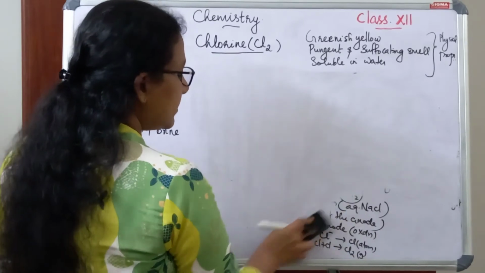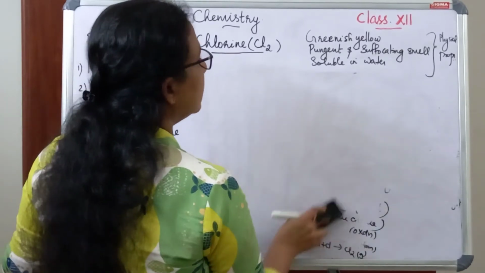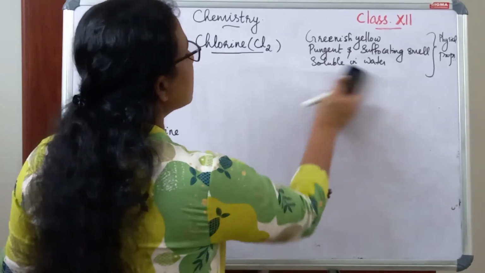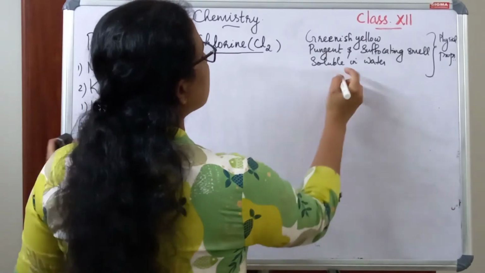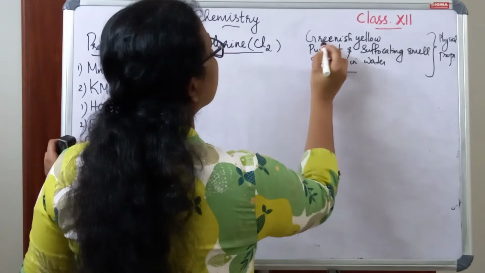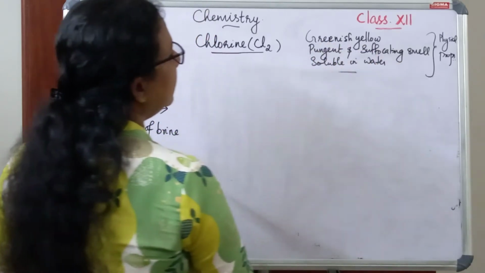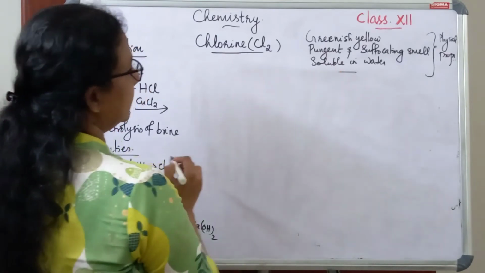Then about its solubility, it is highly soluble in water. So these are the physical properties of chlorine: greenish yellow gas, pungent and suffocating smell, soluble in water.